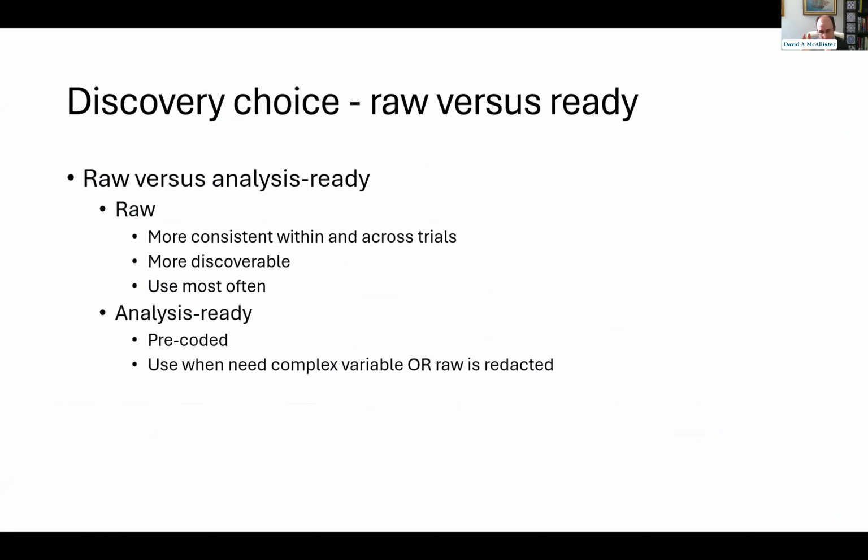So for example, the vital status table looks an awful lot like the laboratory table, which looks an awful lot like the concomitant medication, and so on. They're all in these long formats and with similar names, so it's more consistent. It's also a bit more discoverable, and so for those reasons, we use those most often in our meta-analysis, where we're analysing lots of trials, and consistency is really important to us.